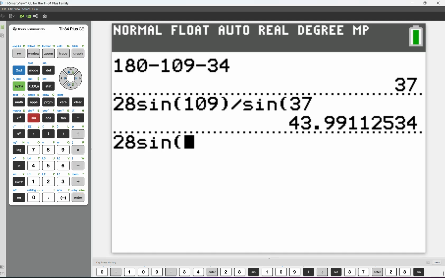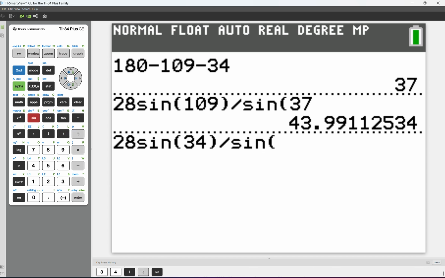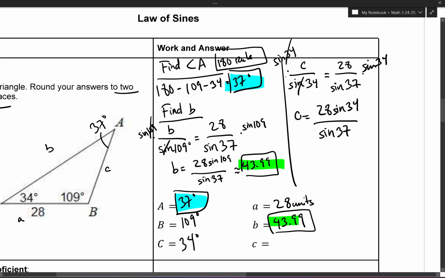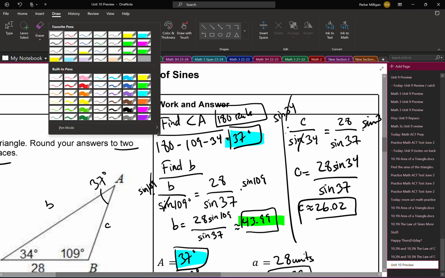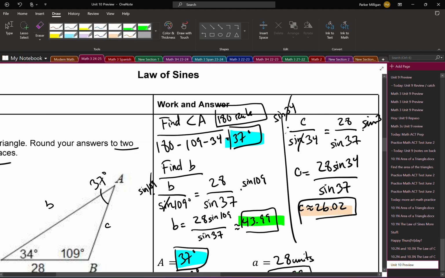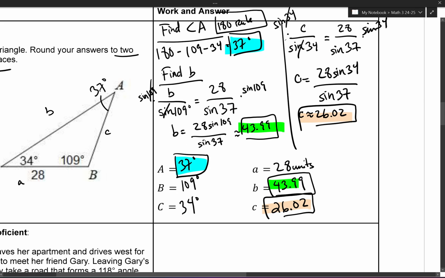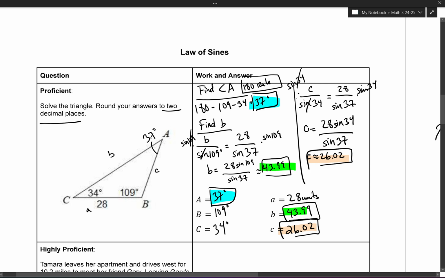That's 26.02. C is about 26.02 units. And there you go.